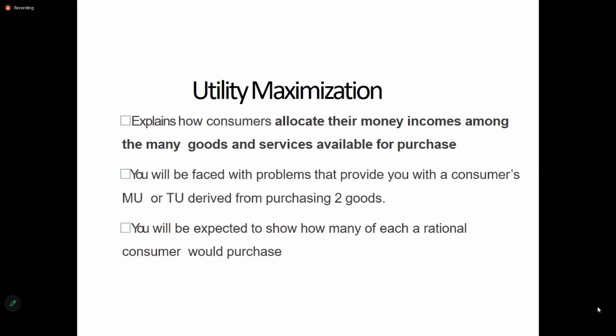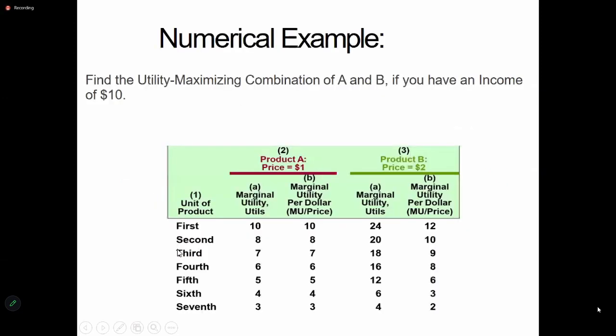Let's say the consumer has two goods only, and has to decide their purchase decision. Then you will be expected to show how many of each a rational consumer would purchase. So every time you need to think the consumers are rational. So how are they purchasing these things? I'll give you one example, then it's easy for you to understand.